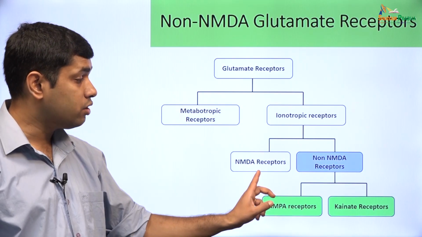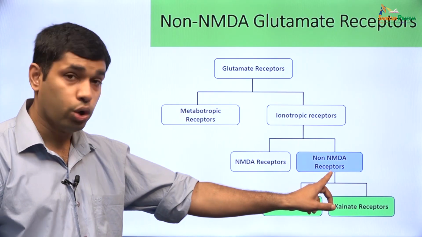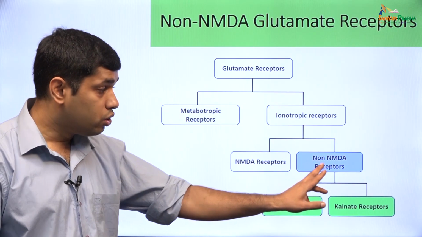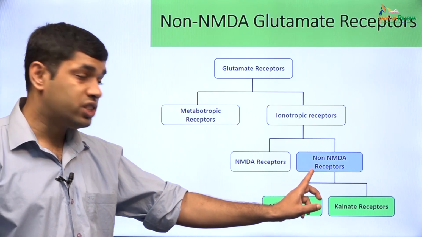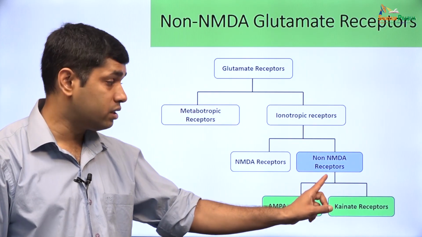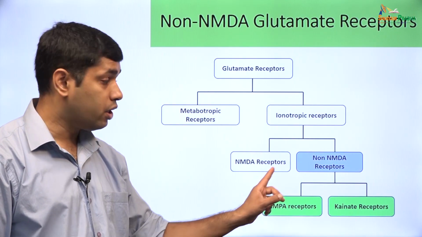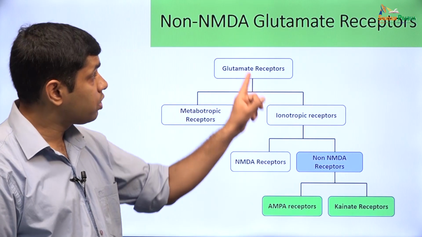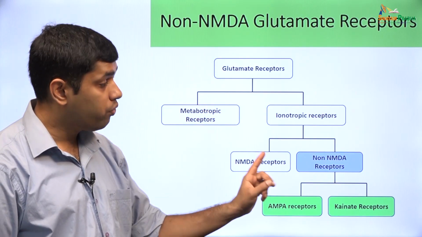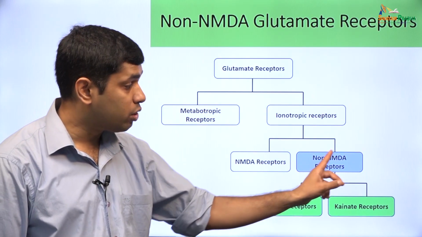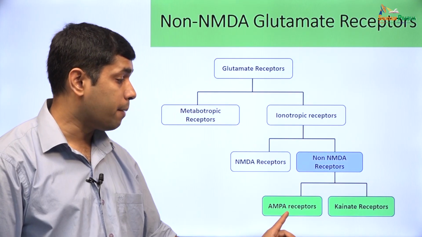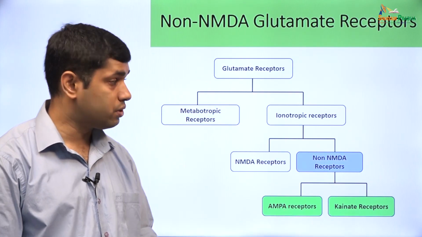These can be classified into the NMDA receptors and the non-NMDA receptors. The non-NMDA receptors are non-specific monovalent cation channels, whereas the NMDA receptors are just non-specific cation channels. They also permit calcium. So, when we are talking about the non-specific monovalent cation channels, we will talk about the non-NMDA receptors, which are AMPA receptors and the kainate receptors.